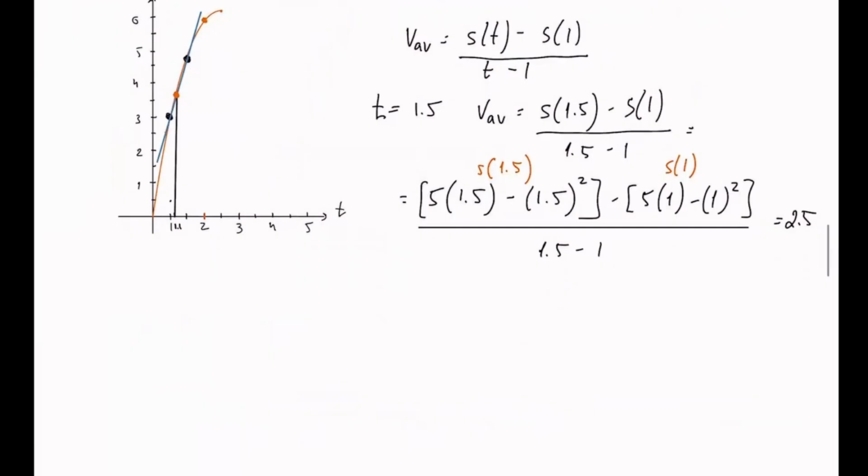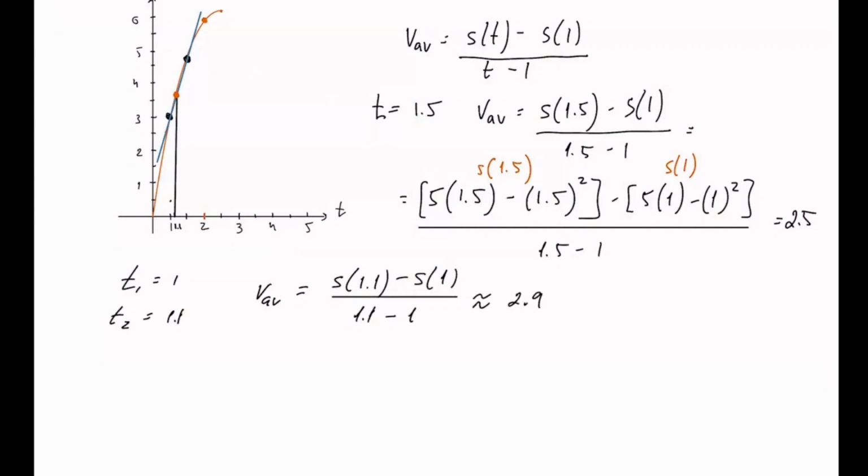So we have for T1 equals 1 and T2 equals 1.1, the average velocity will be approximately S of 1.1 minus S of 1 divided by 1.1 minus 1, so we will have approximately 2.9.